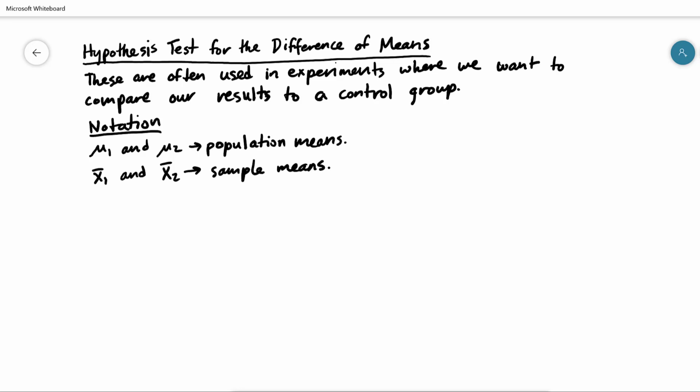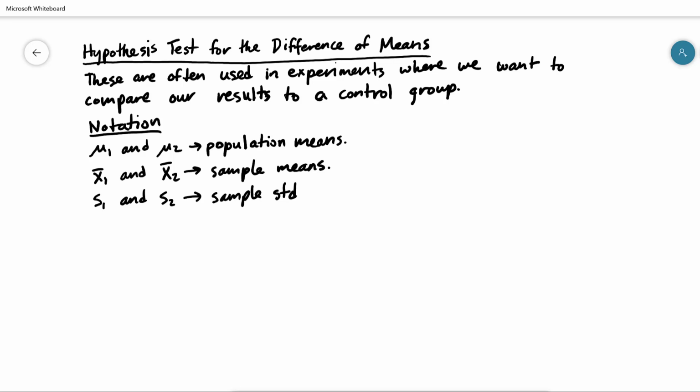We will also have two standard deviations, S1 and S2, and notice both of these are sample standard deviations. Because we're dealing with sample standard deviations, with S's, that means that this problem is going to involve using a t-distribution rather than a normal distribution. So just remember, S and T always go together. Every other type of hypothesis test will use a normal distribution.